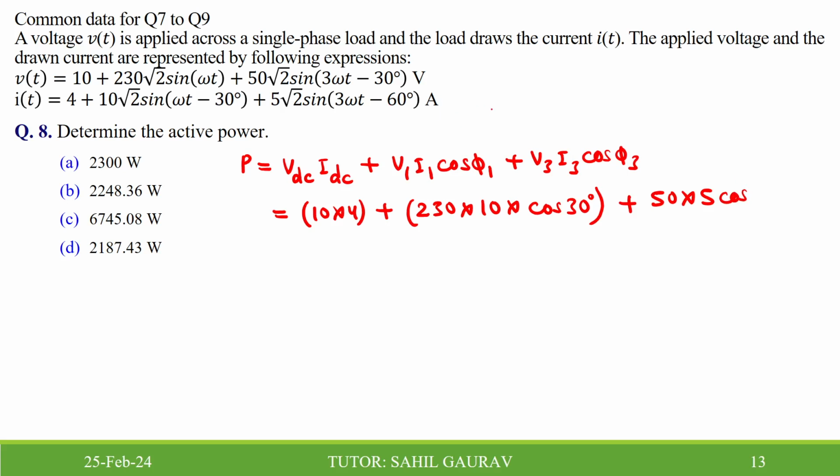Now how do we calculate phi 3? Phi 3 is the phase of voltage minus the phase of current. The phase of voltage is given as 60 degree and the phase of current is given as 30 degree, so it comes as 30 degree, and therefore cos 30.